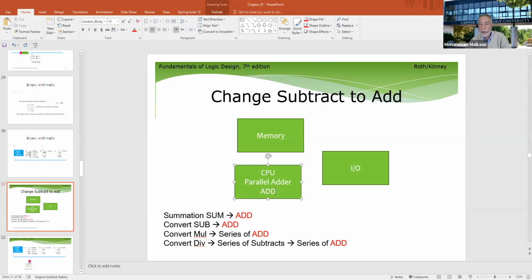Some people call it an accumulator, which accumulates the results of the add in it. And that's the power of using data representation, which allows us to do this type of arithmetic operation.